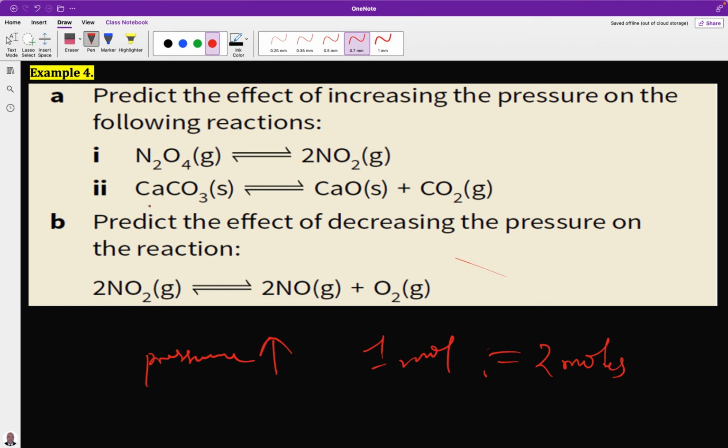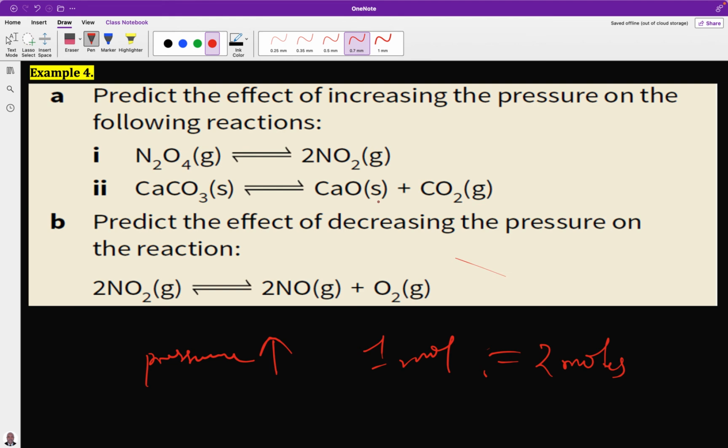Now, predict the effect of an increase in pressure on the decomposition of calcium carbonate to give calcium oxide and carbon dioxide. Pressure has nothing to do with solids.